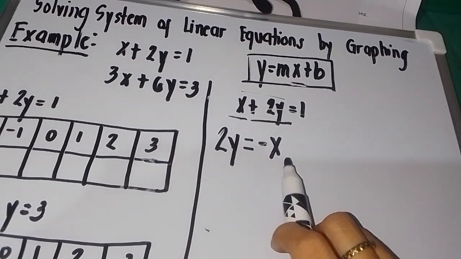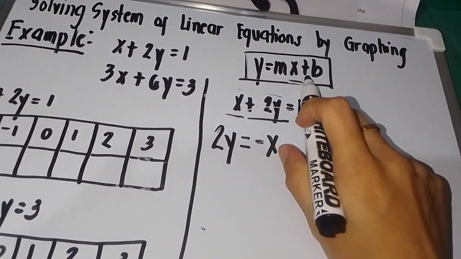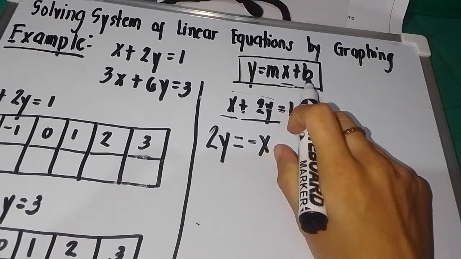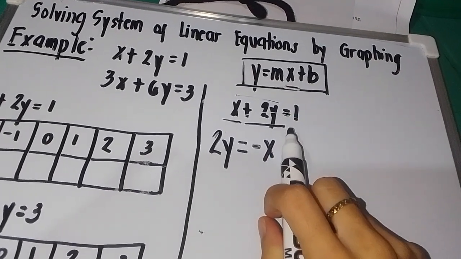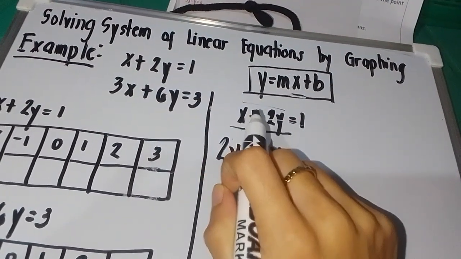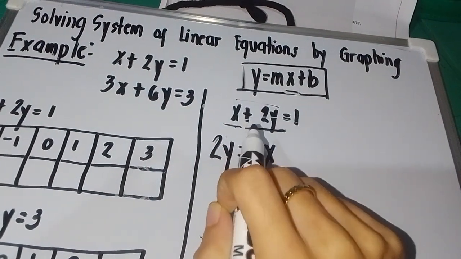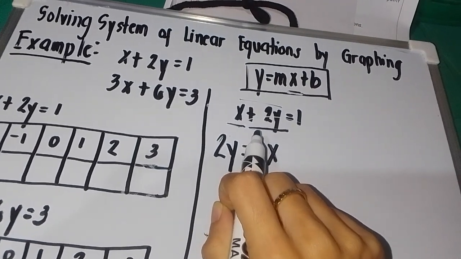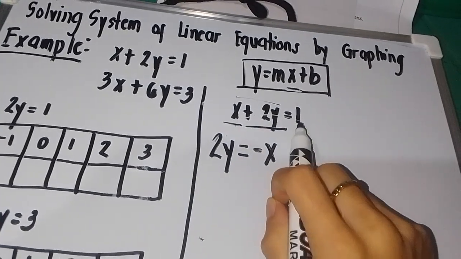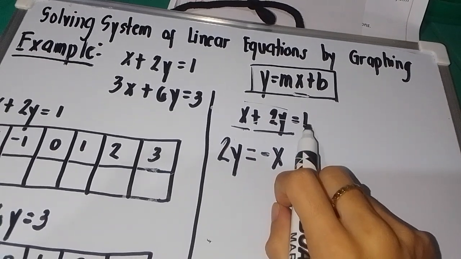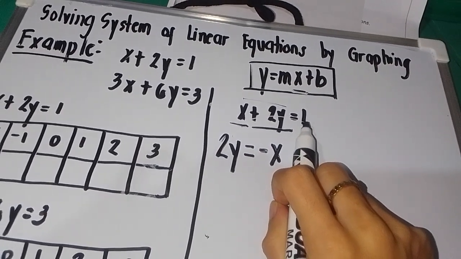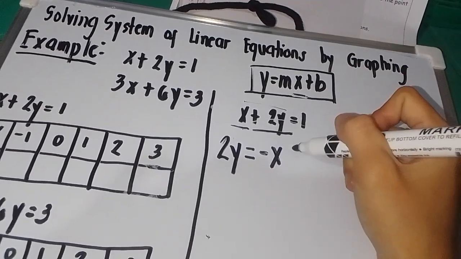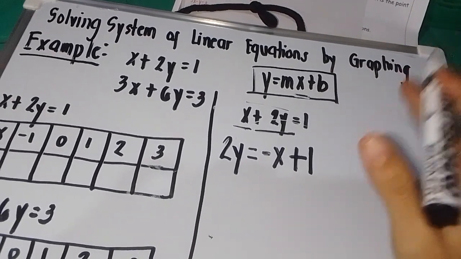Proceed. Next, we add the constant term, the y-intercept b. Looking at our first linear equation, the remaining term is positive 1. Since positive 1 is already on the right side, we just add it. We have plus 1.